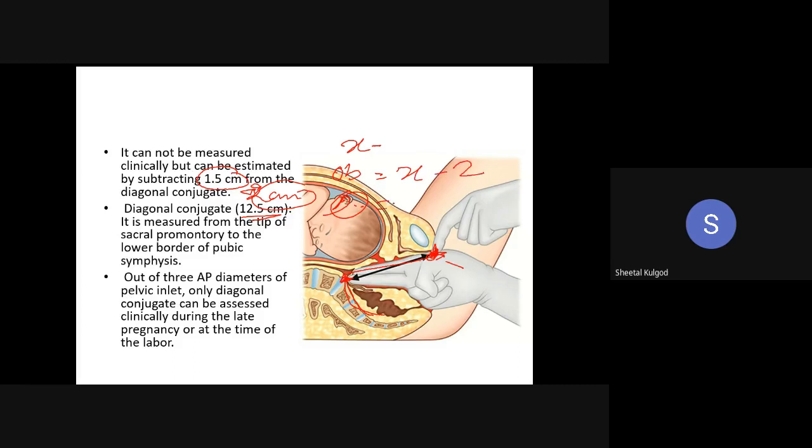If a question gives the diagonal conjugate as 12.5 centimeters, then you do 12.5 minus 2, which equals 10.5. So the obstetric conjugate will be 10.5. Got it? Yes, ma'am. Right.